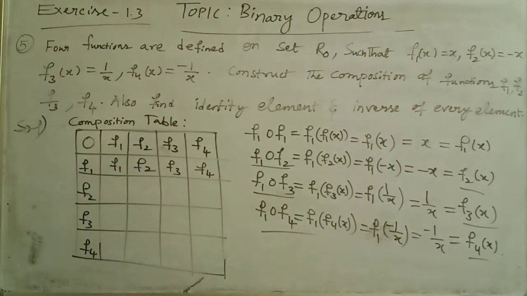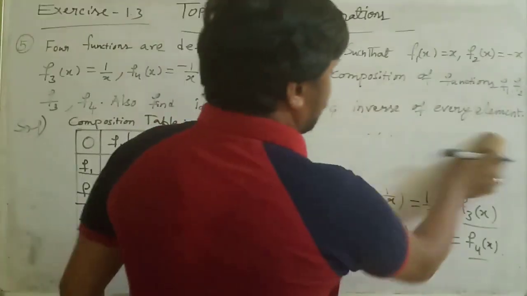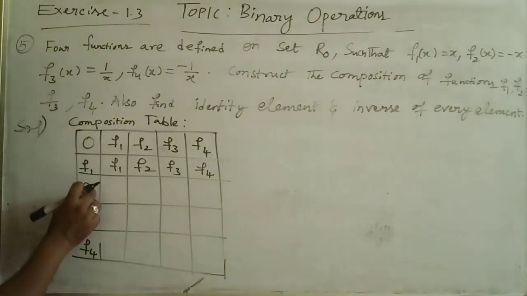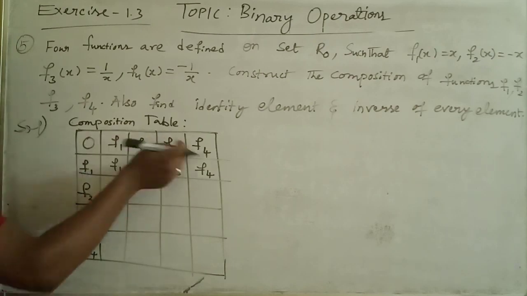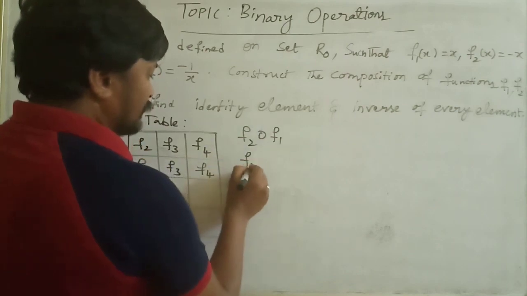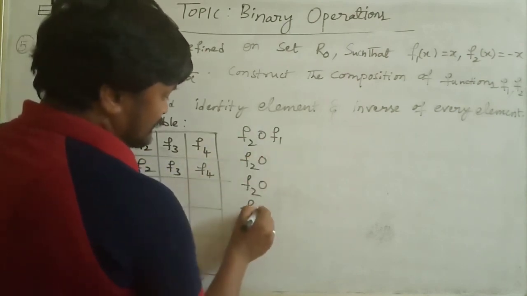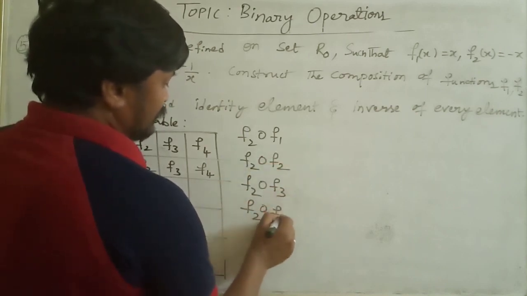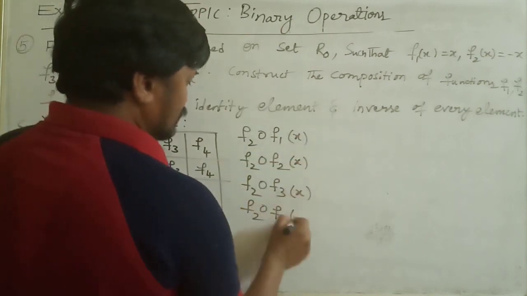Can I move to the next? Now I'm moving to f2. Let me check now. f2 circle f1, f2 circle f2, f2 circle f3, f2 circle f4.